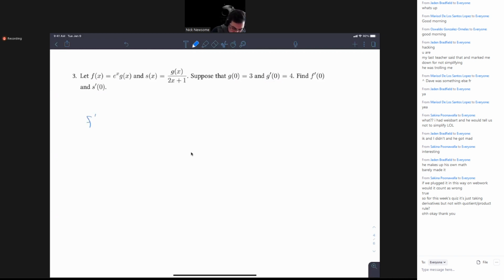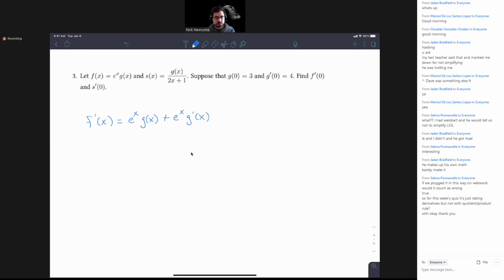So f prime of x is going to be the derivative of the first one, which is e to the x, and the derivative of e to the x is itself, which is nice, multiplied by the second piece, which is g of x, plus the first piece, e to the x, multiplied by the derivative of the second piece, g prime of x.